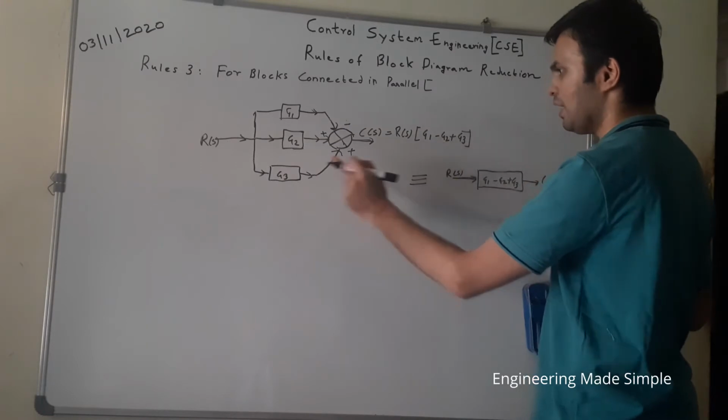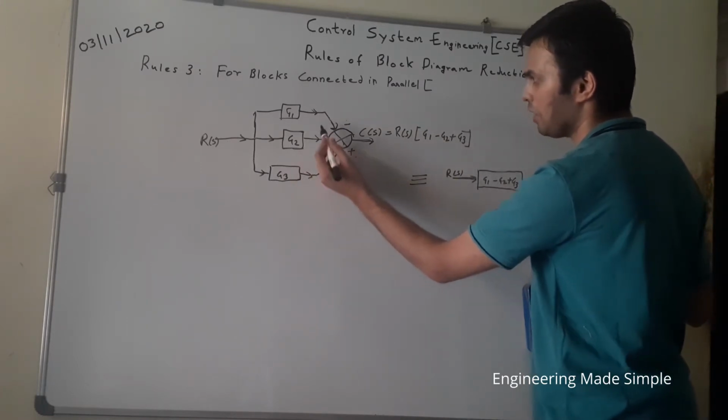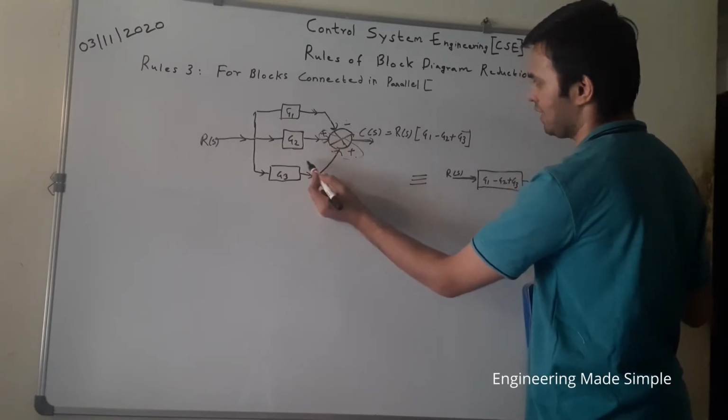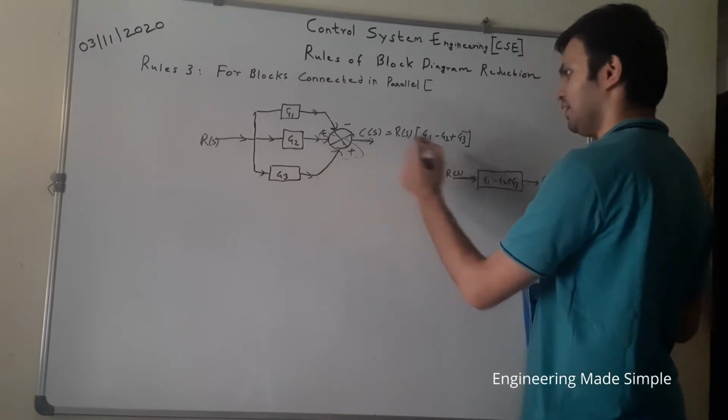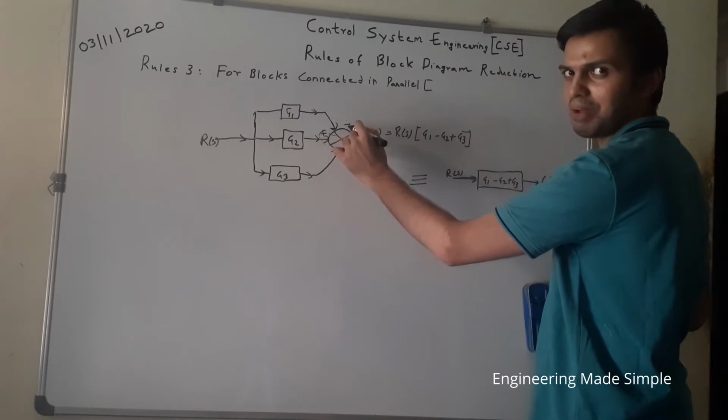And what is the relation between G2 and G3? Have a look at the polarities of the summing junction. They are connected in parallel and a positive sign is there, so it would be G2 plus G3. And G1 minus G2 because their polarity was minus over here.